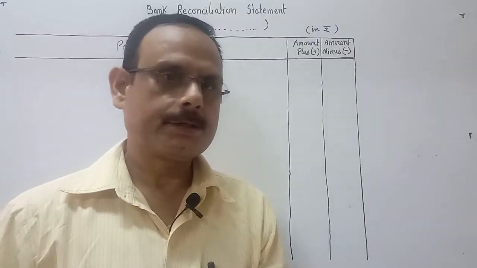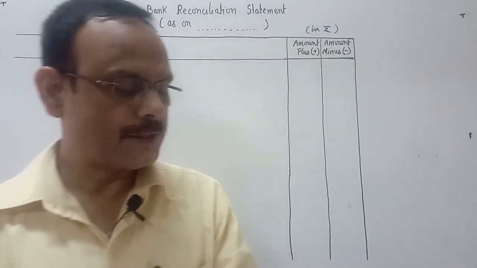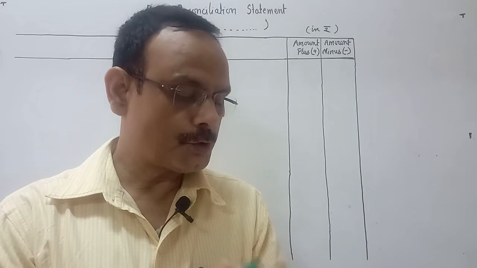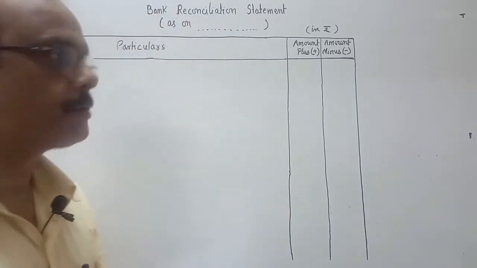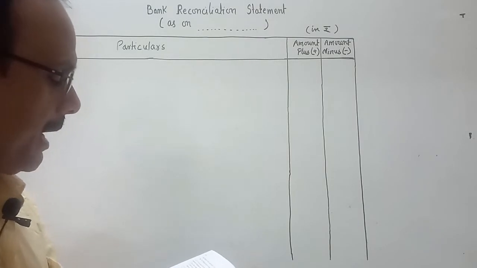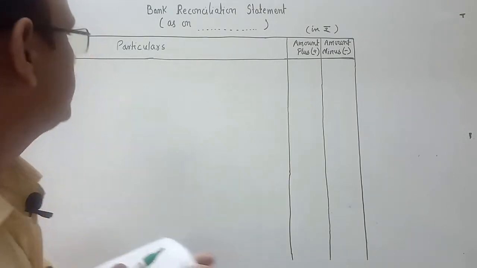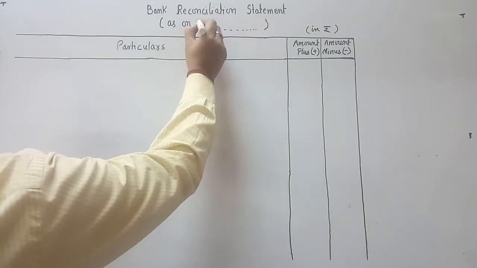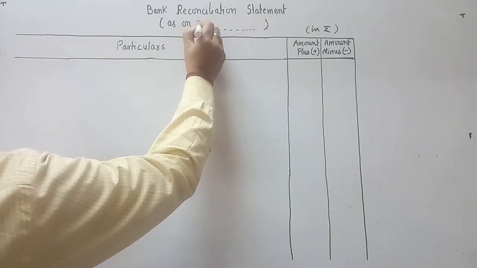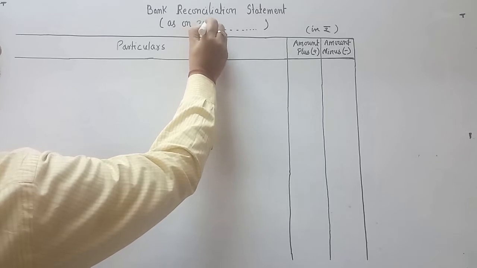The question is, on 30th June 2020, passbook showed a balance of rupees 5,200. So bank balance as per passbook has been given. So you write the bank reconciliation statement as on date of reconciliation, which is 30th June 2020.